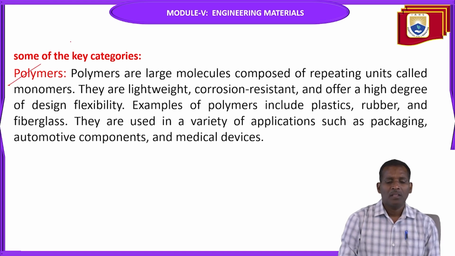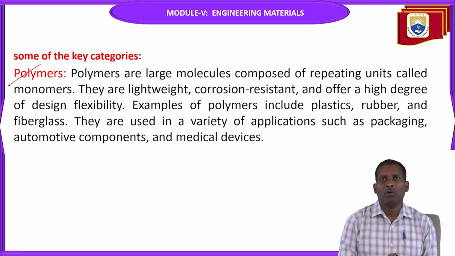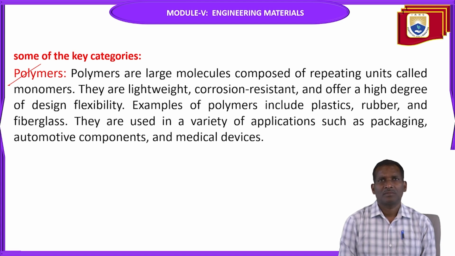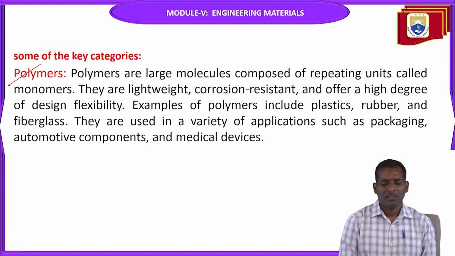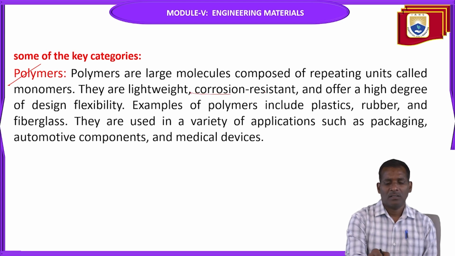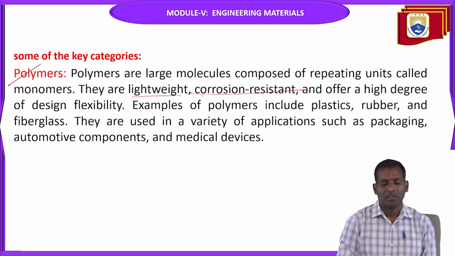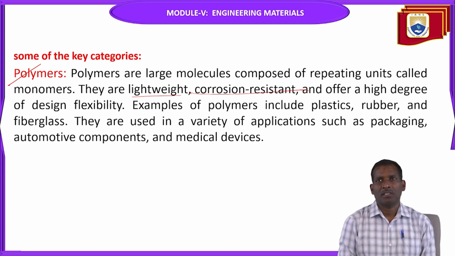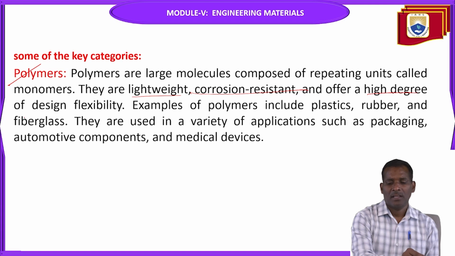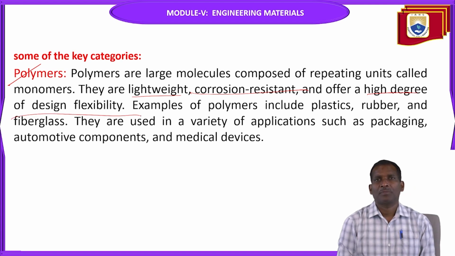Next key category is polymers. Polymers are large molecules composed of repeating units called monomers. They are lightweight, corrosion resistant, and offer a high degree of design flexibility. These are the main properties of polymers.